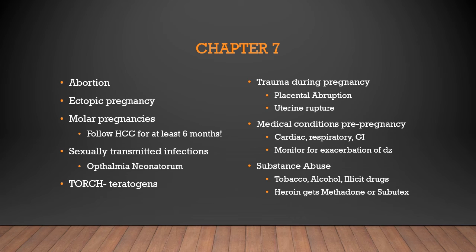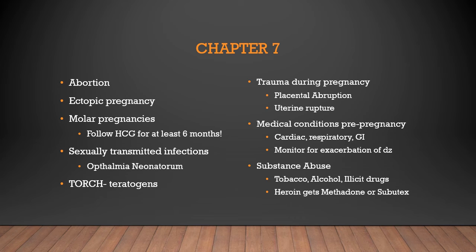TORCH infections, again, these are teratogens: toxoplasmosis, other like hepatitis B, rubella, cytomegalovirus, and herpes simplex. For toxoplasmosis, remember to avoid eating raw meat and contact with cat feces. For hepatitis B, the infant receives the vaccine at delivery, as well as most adults now are vaccinated.